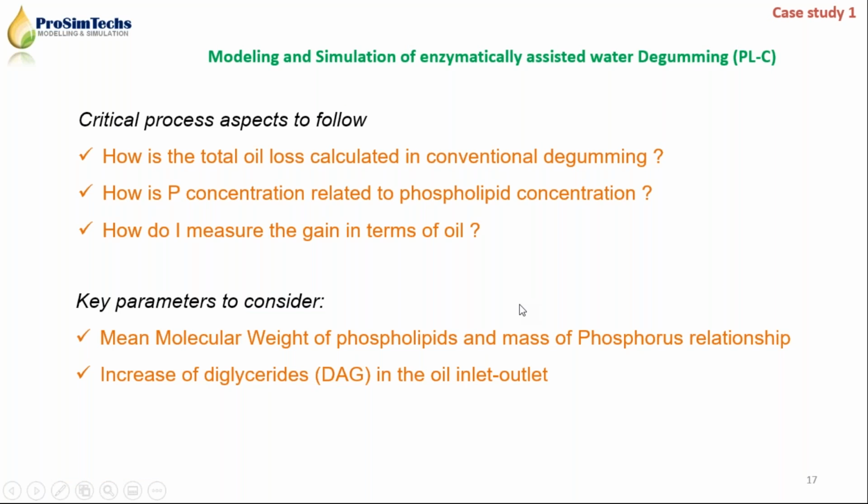So let us now discuss the process and then the simulation model. Particularly in this case of running a PLC enzymatic degumming, and since we need to follow up on the performance of the process, we are interested in knowing how the total oil loss is calculated in a conventional water degumming, I mean, in a water degumming without using the PLC enzyme.